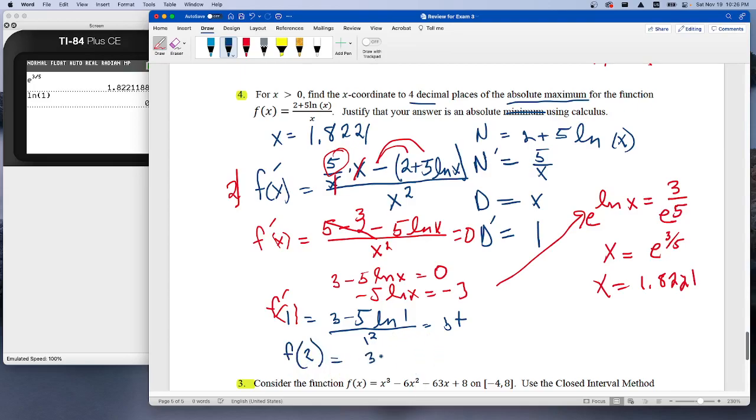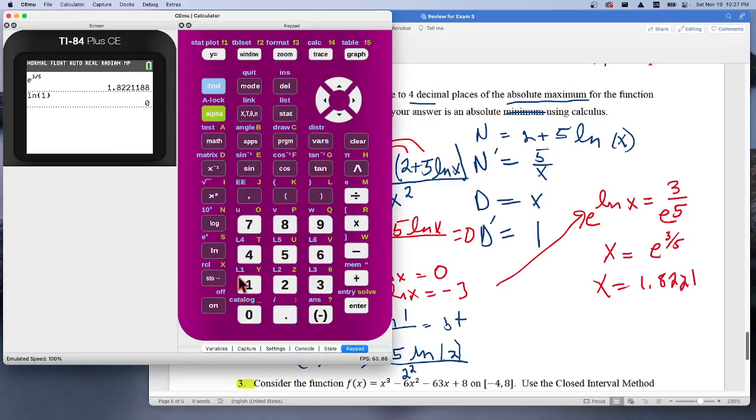And for that, we get 3 minus 5 times the natural log of 2 over 2 squared, which is 4. But the sign is all that we're interested in, and so we just have to see: is 5 natural log of 2 bigger than 3? If it is, then we're done, and if it's not, we're in trouble.